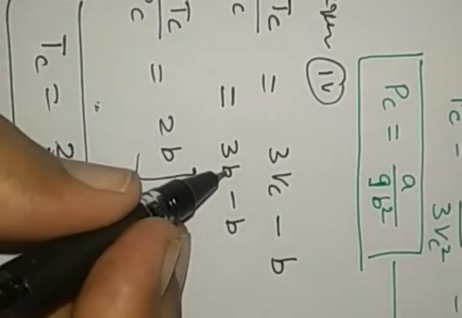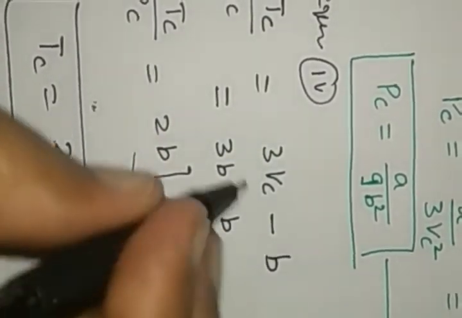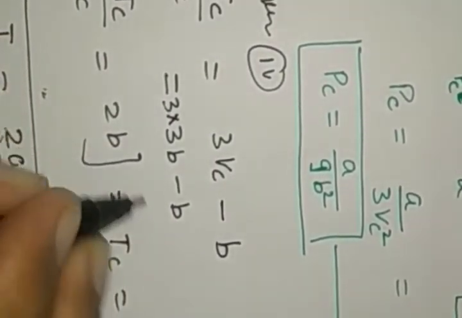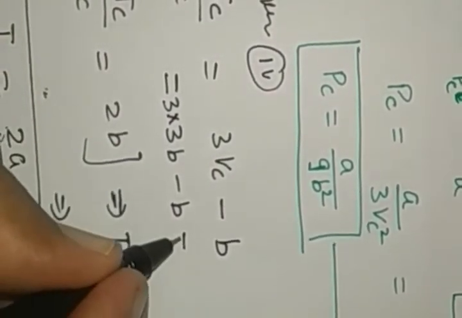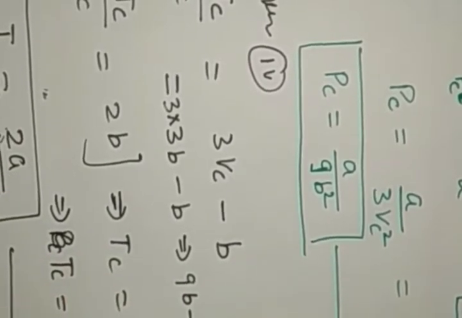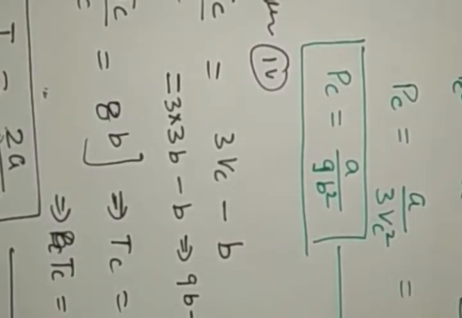See here in this equation, 3Vc minus V. Vc is 3B, so it can be written as 3 into 3B, 3 into 3 is equal to 9B, minus B is equal to 8B. So it is 8B here.